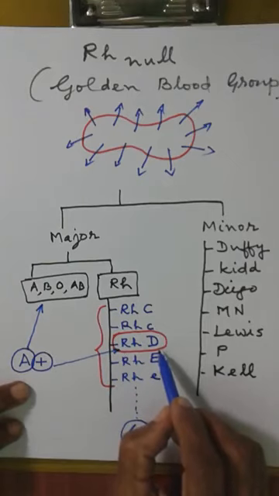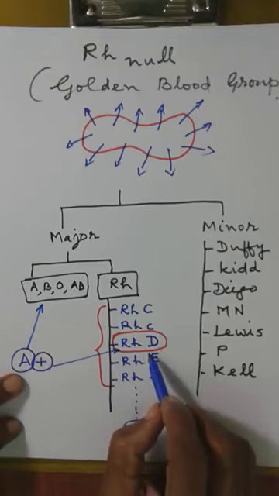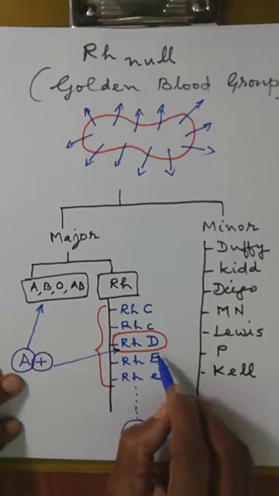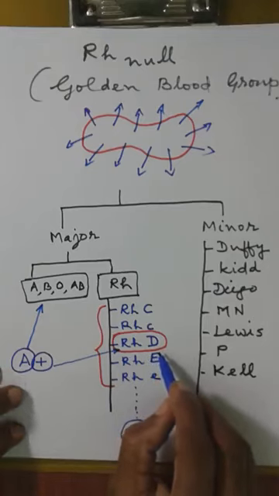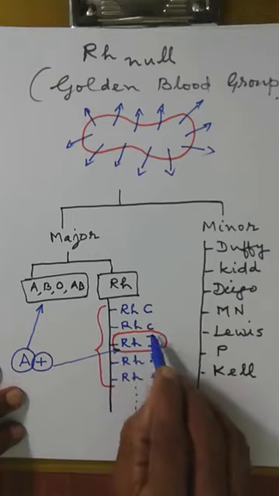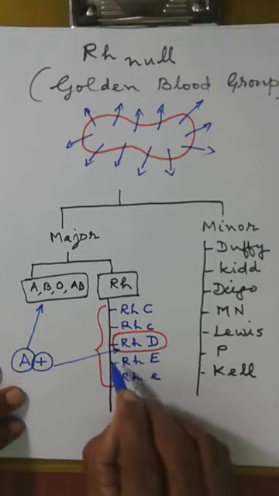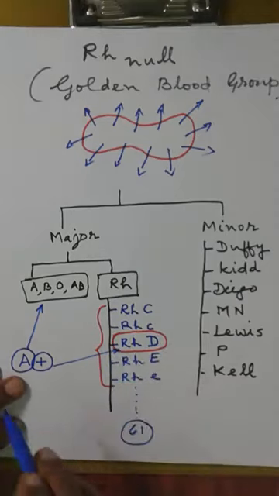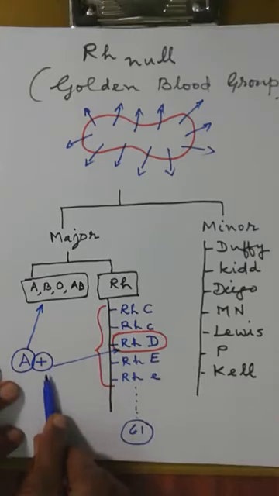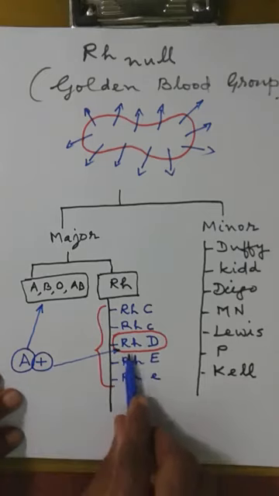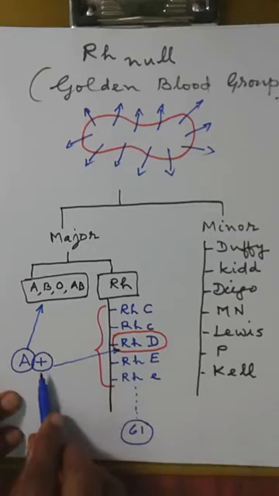Because it is most abundant and also very active and immunogenic. So we have to consider this first. That is why we are including whether RHD is available or not for this particular person.